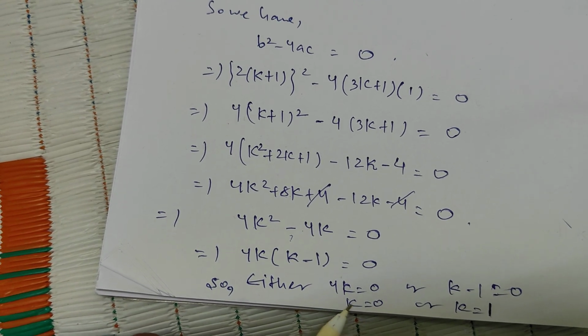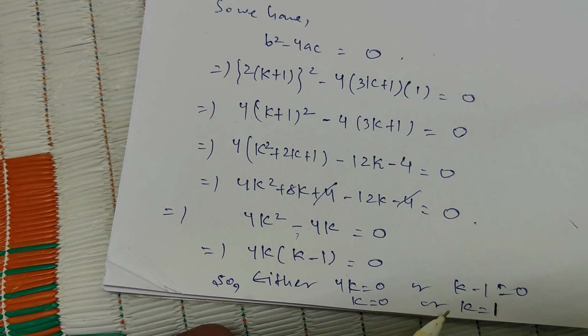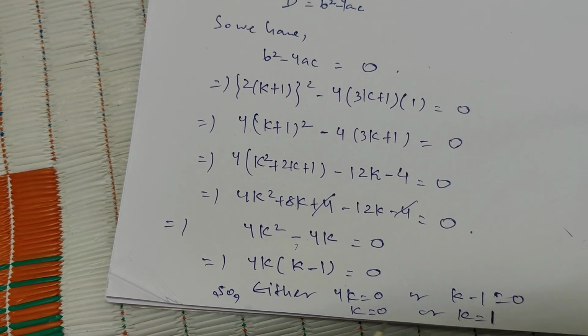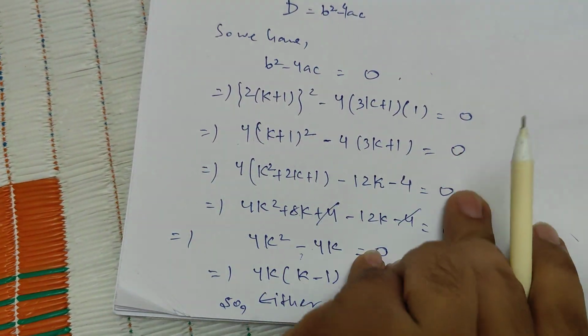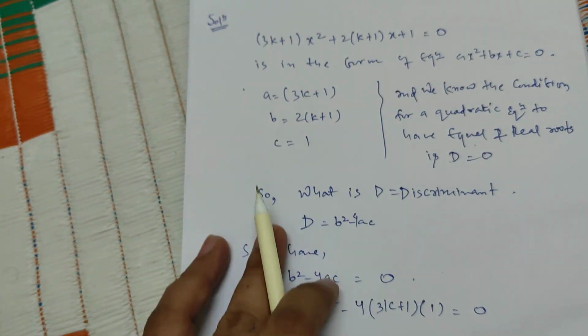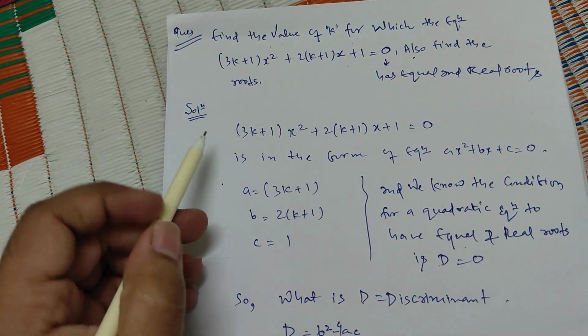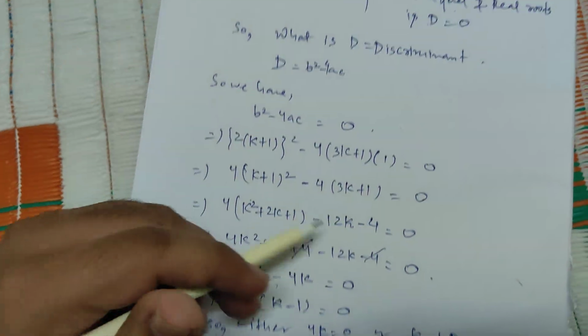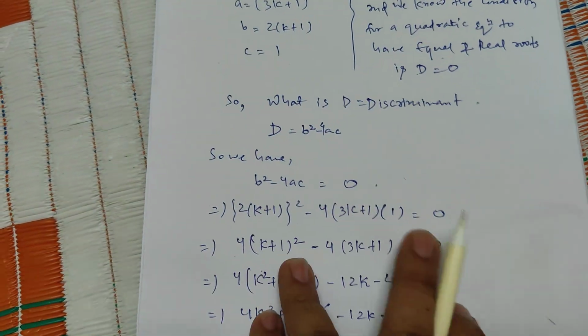If 4k is equal to 0, then k is equal to 0, and if k minus 1 is equal to 0, then k is equal to 1. So the value of k is either k equal to 0 or k equal to 1. This is the first part of the question.